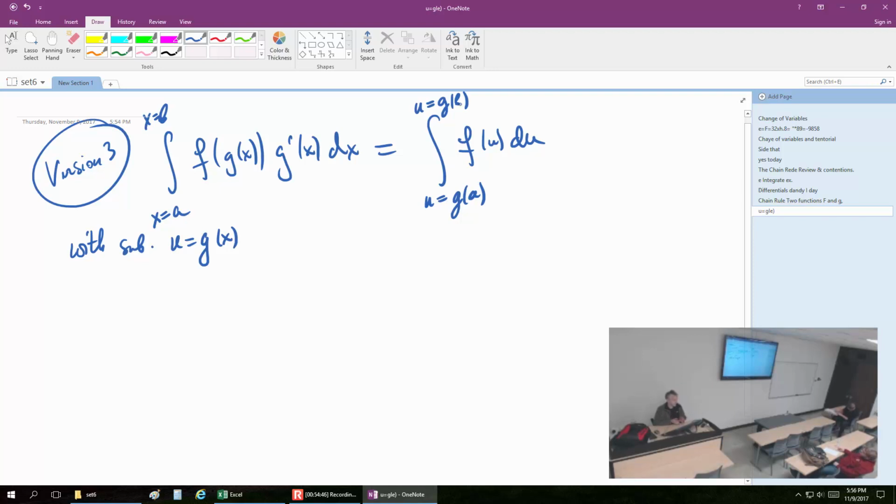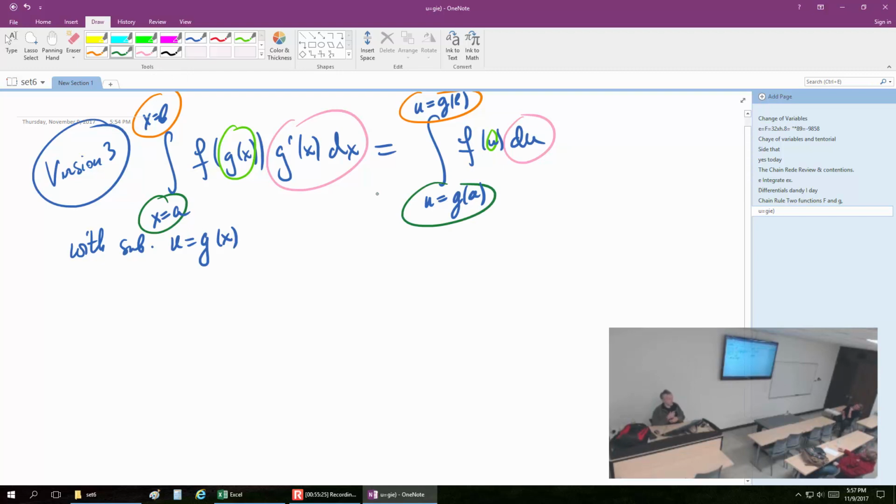If you think about every single thing in here, then g of x is replaced with u, and g prime of x dx is replaced with du. Let me circle the things that have been replaced. g of x is replaced with u. g prime of x dx is replaced with du. And the limits are replaced as well. So x equal b becomes g of b, and finally, I'm out of colors. This one.